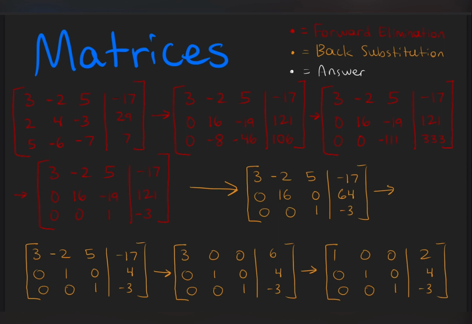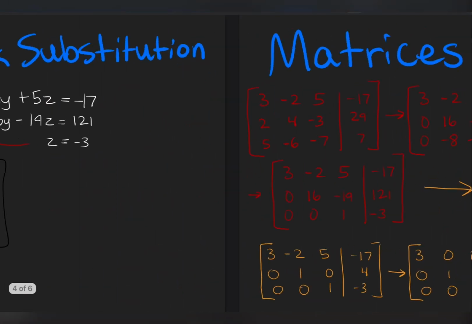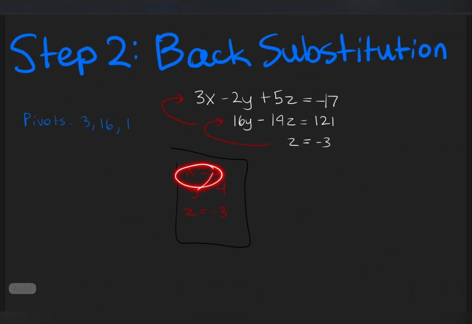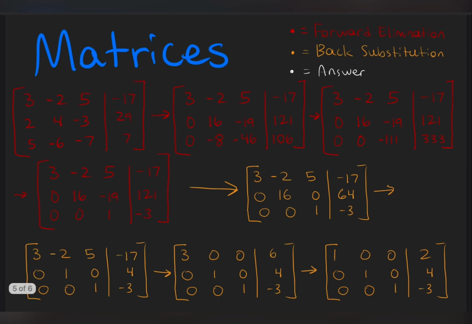And then what we would do is that we would substitute y equals 4 and z equals -3 into here, and we would move these terms to the right-hand side again, and that would give us 2. And yeah, that means x is equal to 2. So we have our solution. x equals 2, y equals 4, and z equals -3.